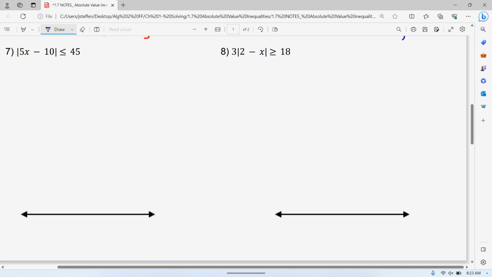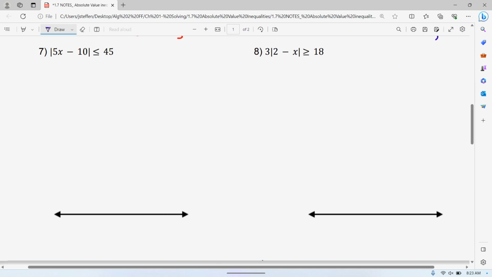So let's go on to number 7. We do some of these solving problems. So again, one of the nice things is before I even start, it is a less than, and remember, less than means, if you're reading it left to right, the absolute value is less than 40, pointing at that absolute value.